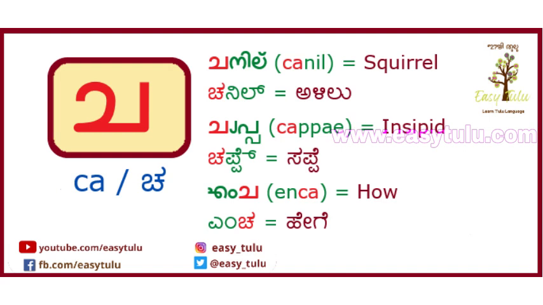Sappe in Kannada. Yencha. Yencha means how. Hege in Kannada. Let us see how it is written. Cha.